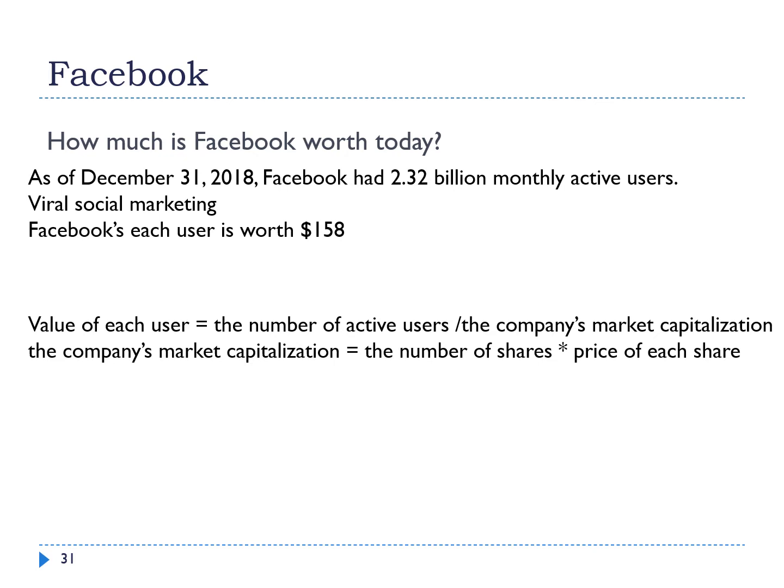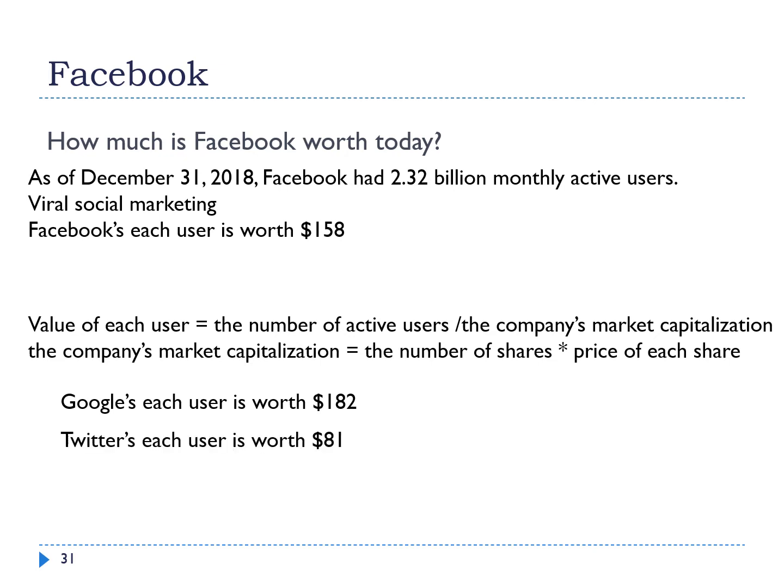Okay, so using this formula, we can calculate that each Google user is worth about $182, each Twitter user is worth about $81, and each Amazon user is worth $733.